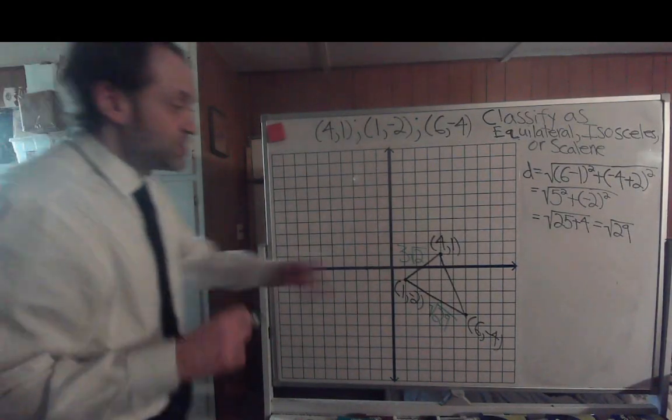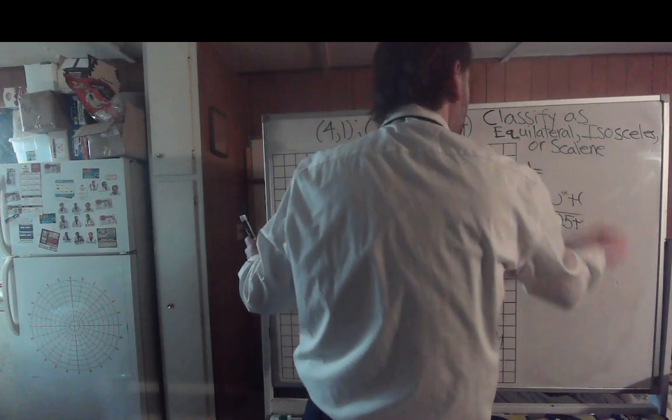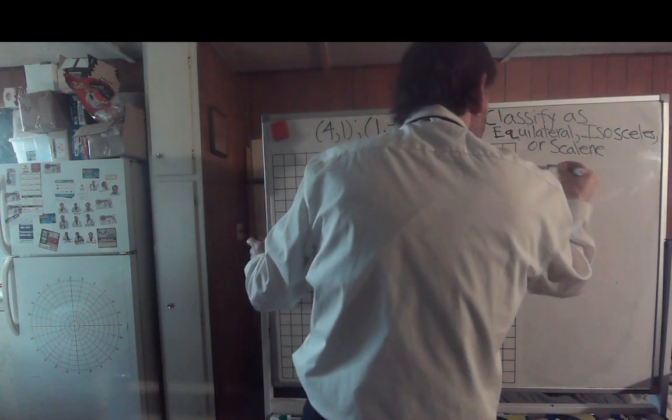Now what about between 4, 1 and 6, negative 4? We still have to find the length of that side. So let's find the length there.